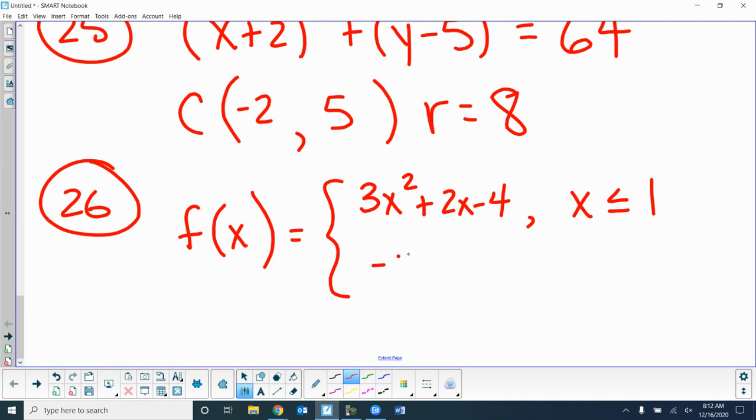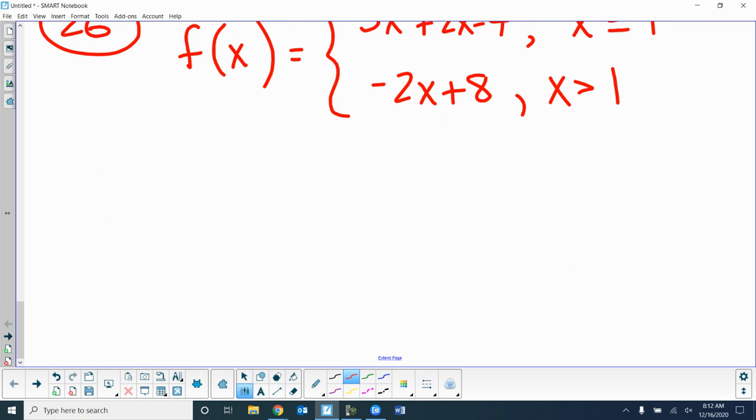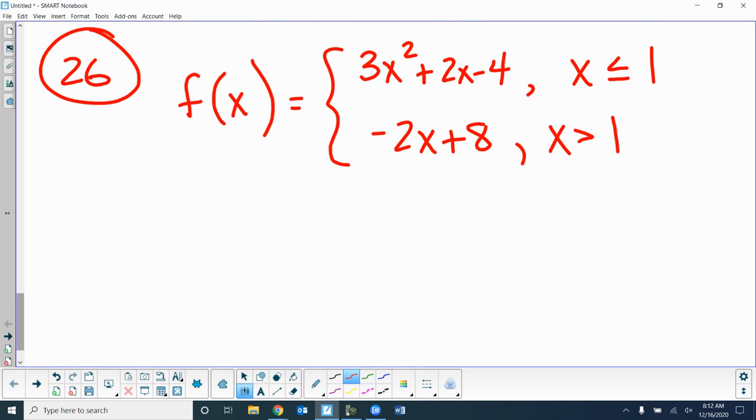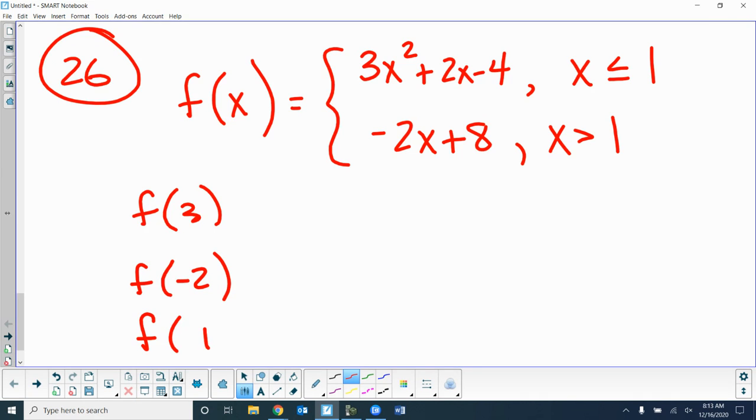And the other piece is -2x plus 8 when x is bigger than 1. Okay? So we got 3 answers you got to find here. All right, you got to find f of 3, f of -2, and f of 1.